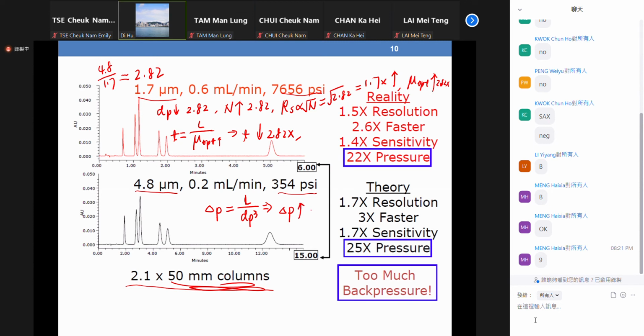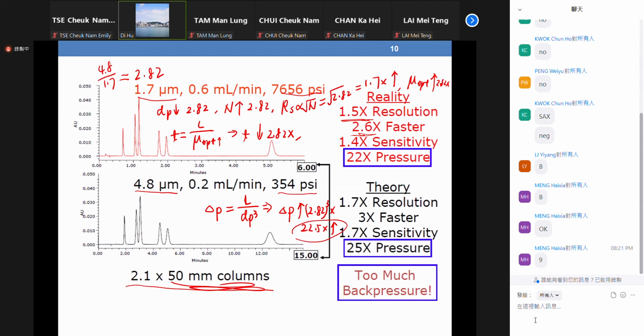By 2.82 tripled, which is about 22.5 times increased. So you see that resolution is 1.7, the time is faster by this factor, and the pressure increased by that.